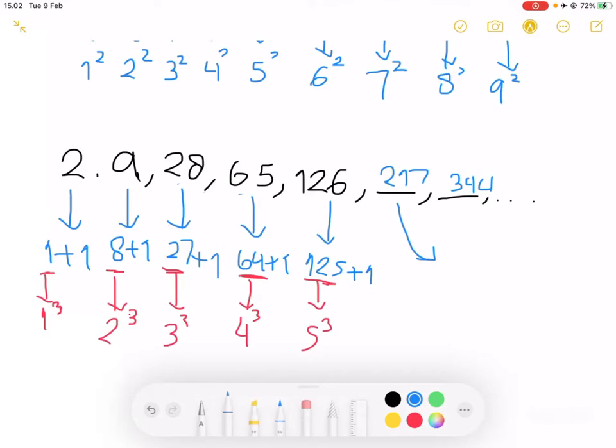So this is not really that obvious, but you have to think outside the box a bit. And this is the purpose of these sequences. You need to think smart about each pattern, and then try to interpret it in a different way.